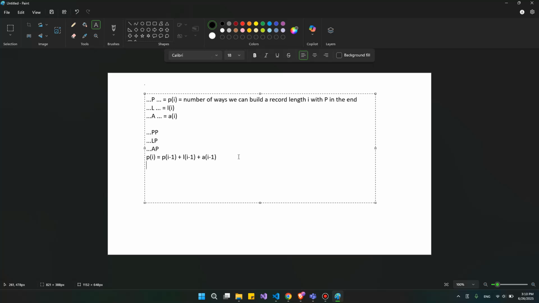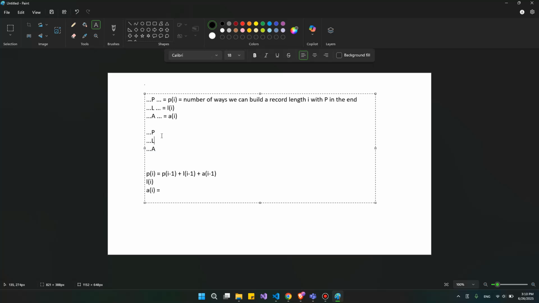In the second, how about L I? We'll come back to this, it's a bit tricky, so we will go to A first. We can only have one A in the record.